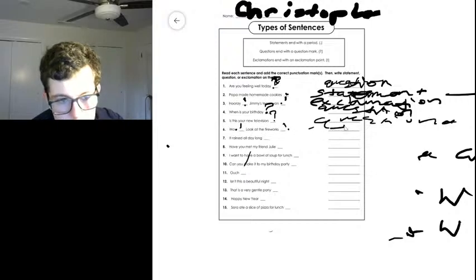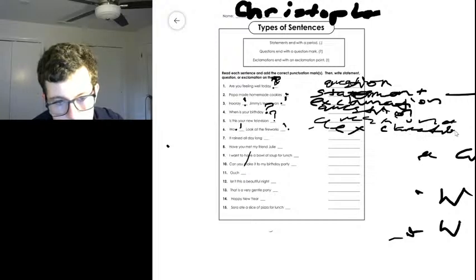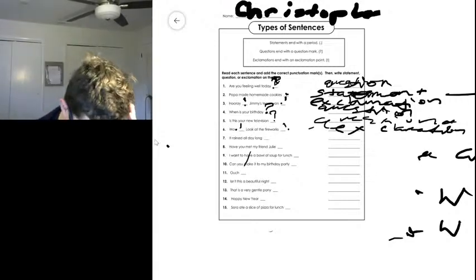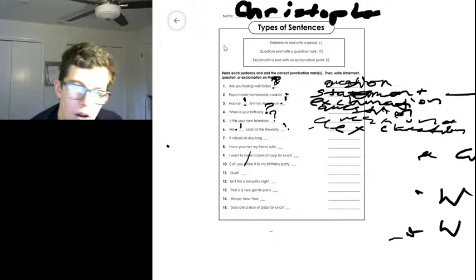This is an exclamation, because you can have the 2 exclamation points again. It rained all day long. So, I'll give you 15 seconds for this one as well.